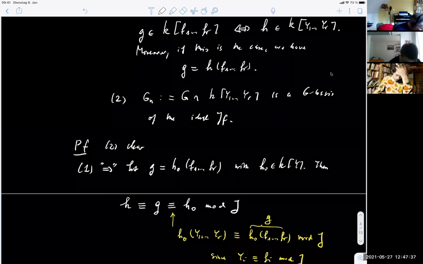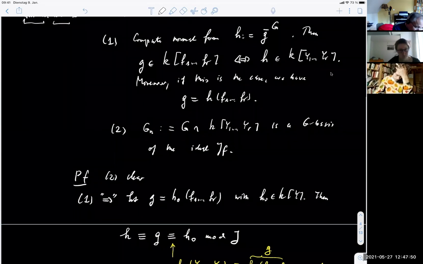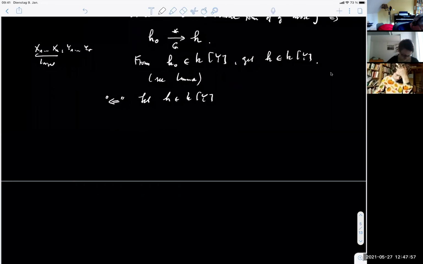I assume that H is a polynomial in the y's. Okay. I want to show, what do I want to show? That G is in the subalgebra. So what do I do? Actually, I think I go backwards a little bit. Same idea as before. In H, which depends on the y's, I substitute the y's by the f's.